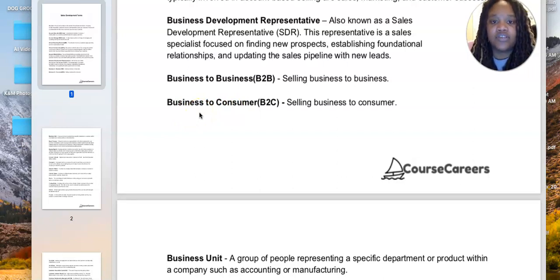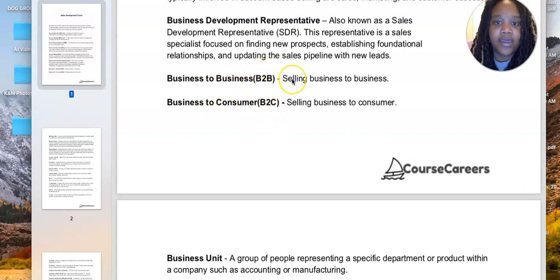Like, for example, when I went door to door selling water, that was for sure B2C because I was expected to convince people to buy water and close the sale right then and there at the door. It wasn't, oh, let me get your email and follow up with you later. No. But most of the time, B2C is closing at a lower revenue value than B2B.